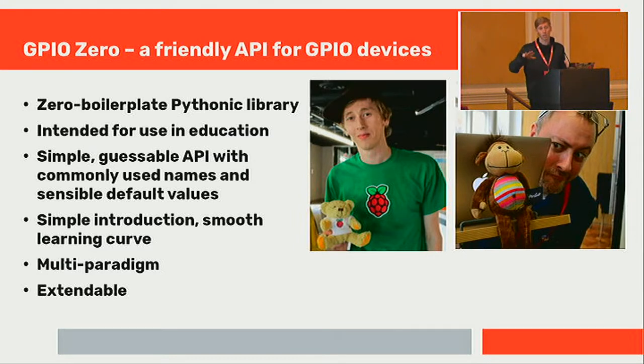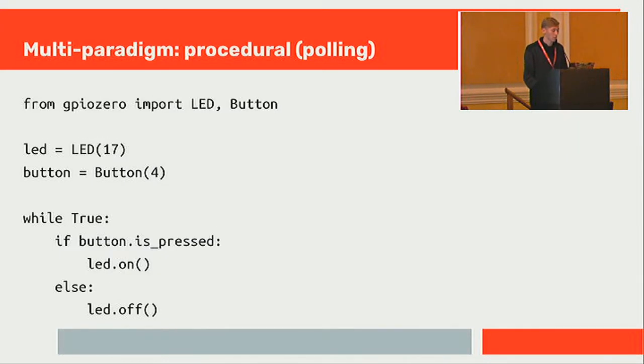That learning curve will take you all the way up to much more complex projects, which I hope to show you. It's also very extendable, so you can add on things and you can use the concepts involved and implement the same kind of behaviors in your own libraries and your own projects. And it has a multi-paradigm approach, which I'm going to explain now.